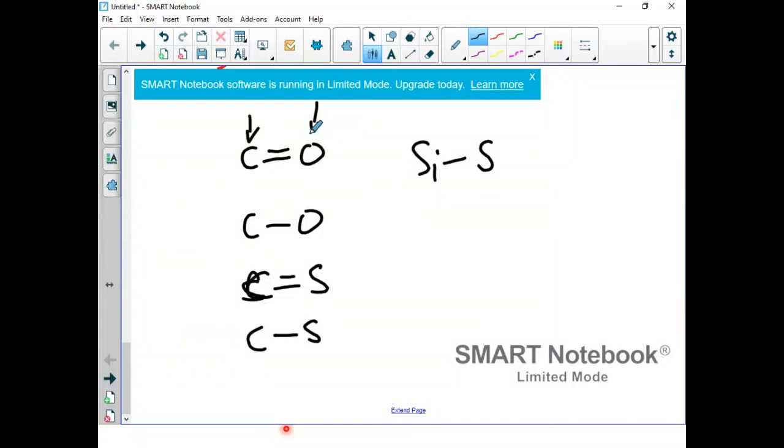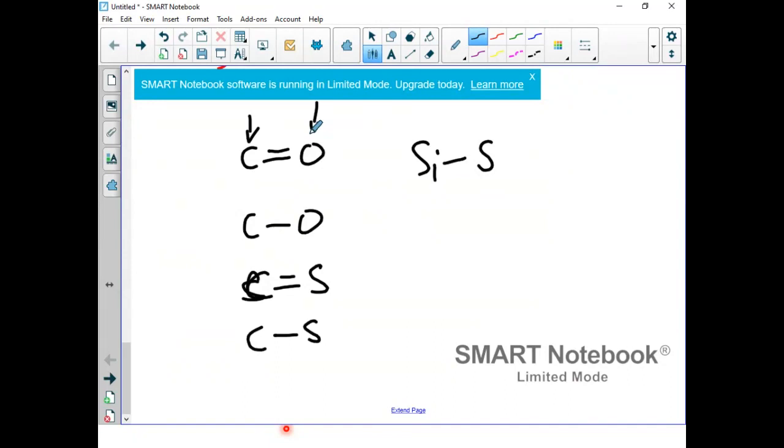So that's why it has the highest frequency. Which one is the lowest stretching frequency? For the lowest, you look at the heaviest atoms. Yes, Si. Si is the heaviest atom, and the only bond with Si is Si-S.